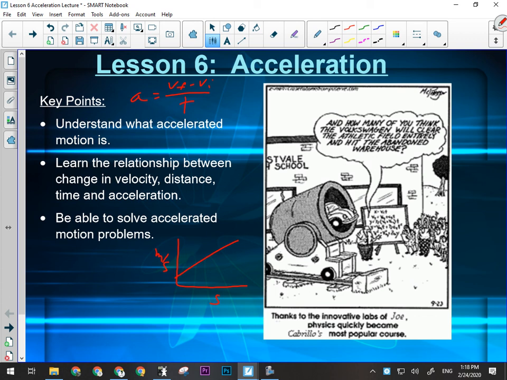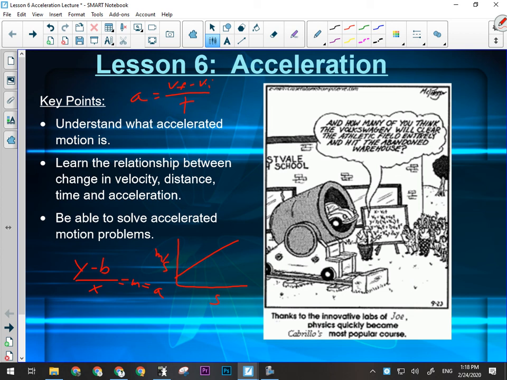It's the slope, because remember, it's change in velocity, which is the change in y over the change in time. That's acceleration on that graph. We learned that back when we did graphing, but that's where that one comes from.